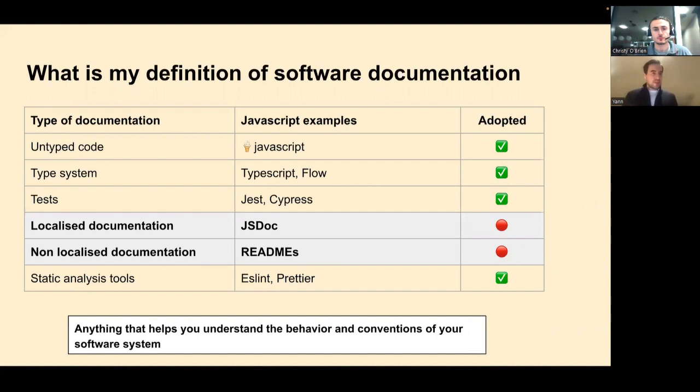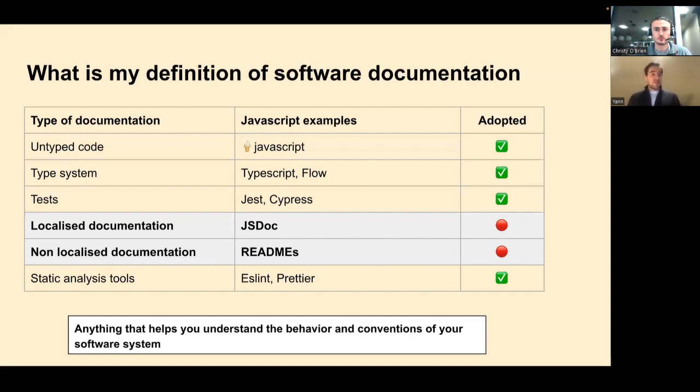Then a second type of documentation you typically find is the type system. So in JavaScript land, that's TypeScript, Flow, and that's great documentation because you can test for it, and it tells you the signature of a function, etc. So definitely something that helps you understand your software.